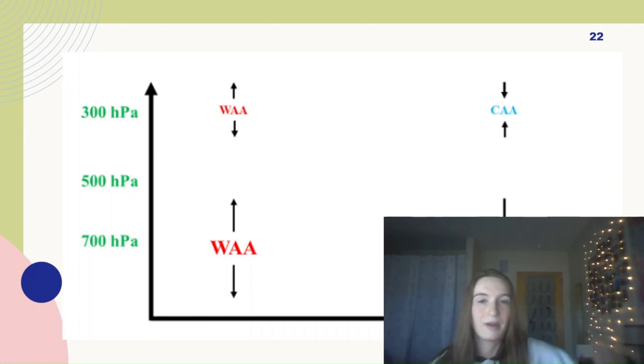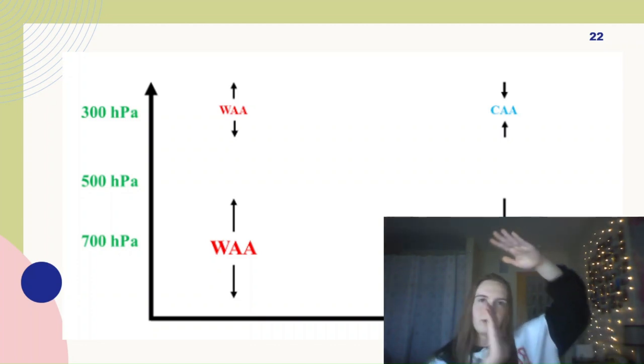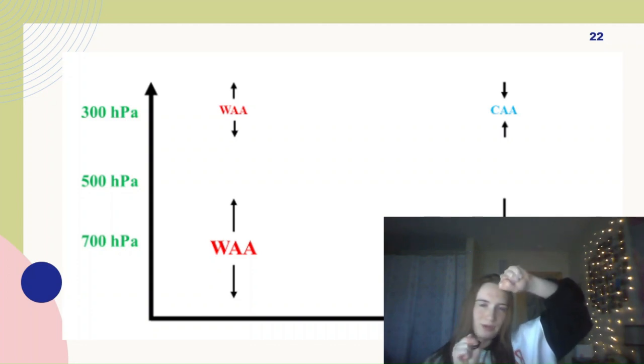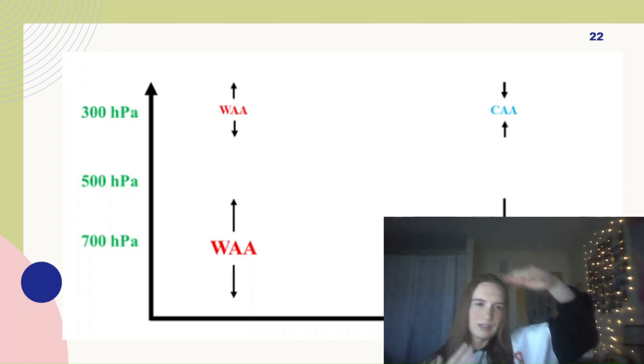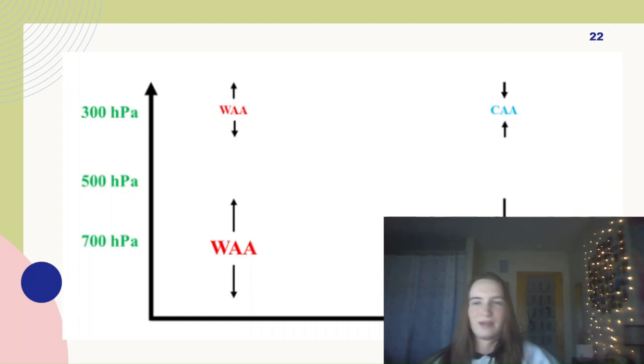Does that make sense? Imagine you're standing on a platform and you have two springs pushing on you at equal strength, and they both weaken at the same time, but one of them weakens more. You're going to go towards that one, right? Same thing with warm air advection. If you have two springs pushing against you and they both increase in strength, but one of them increases more, you're going to go in that direction.